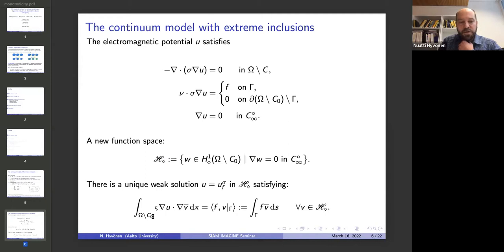Also, one thing to note is that this equation wouldn't change if I replace C naught by C, because these gradients vanish inside C infinity, which means that I could have as well formulated this with C replacing C naught over here. Okay, so that's the variational formulation, how I understand the forward problem with these extreme inclusions.